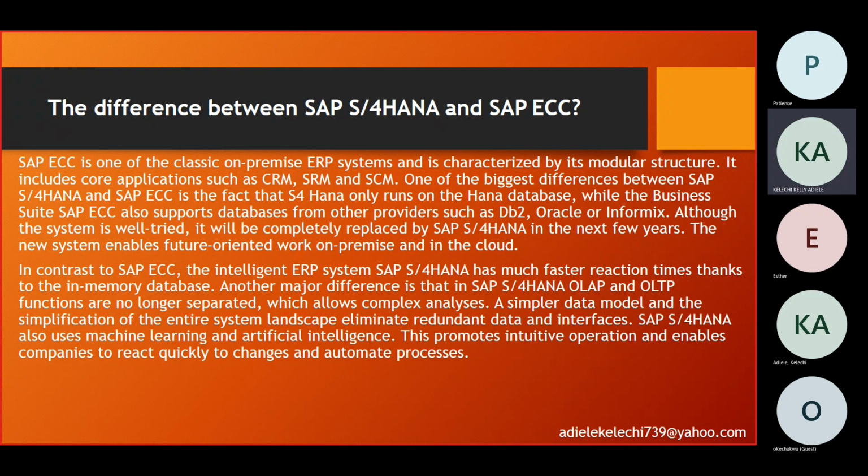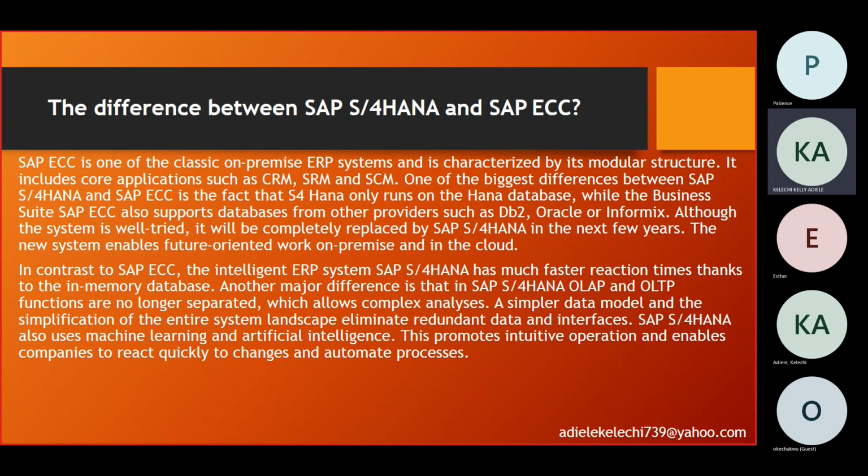So because SAP relegated a lot of these database tables that were entered in ECC, it made the system lighter. Once you have just one table, which we call the universal journal, that processes all this information at the same time, it made S4 lighter. And since the software is light, speed and accuracy are now achieved. But in ECC, you had these tables existing differently, and there were a lot of tables.